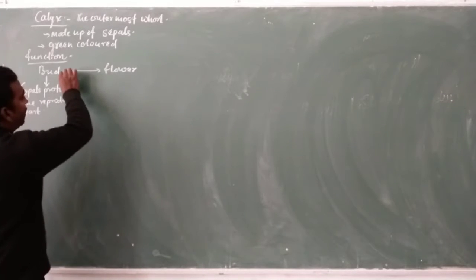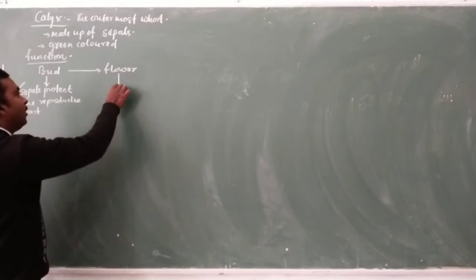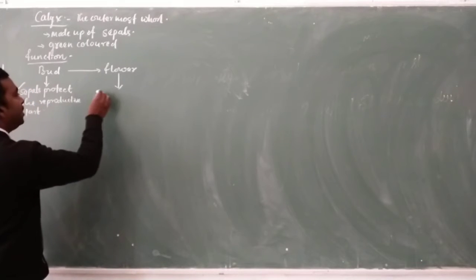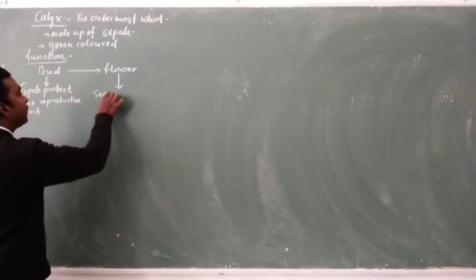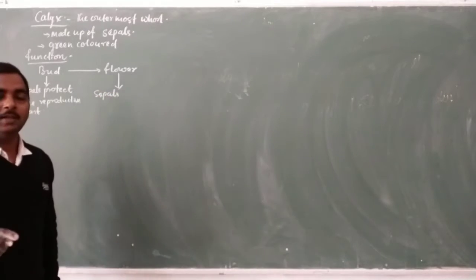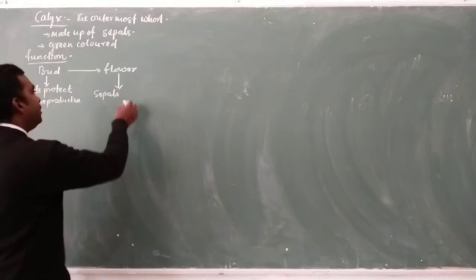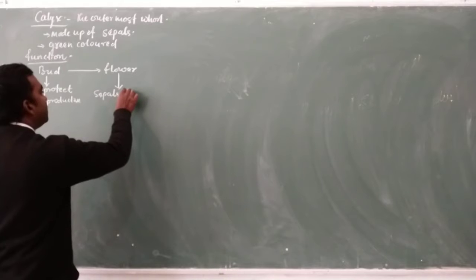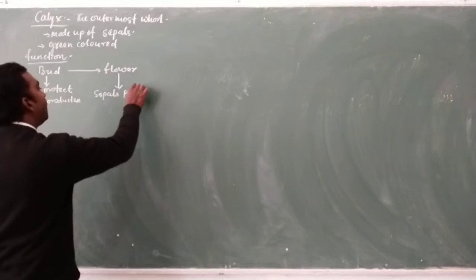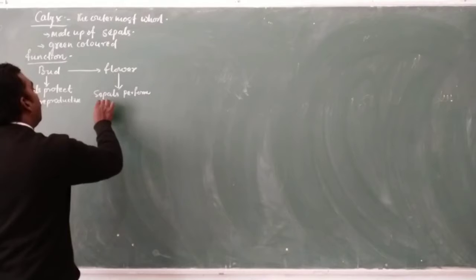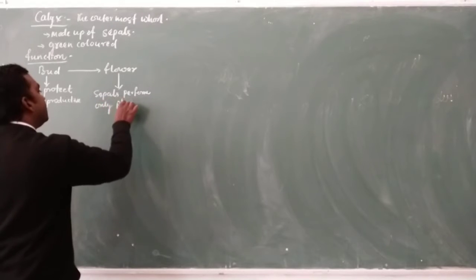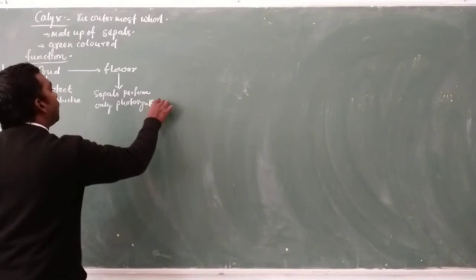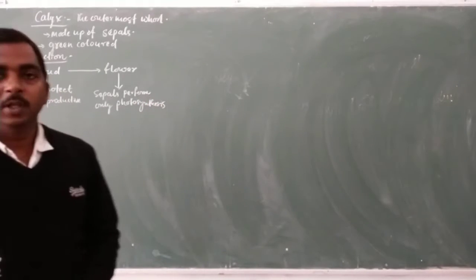When the bud converts into the flower, the sepals also remain attached to the flower, and in that condition sepals perform photosynthesis. So there are two main functions.